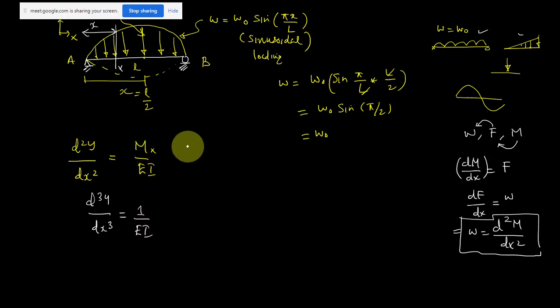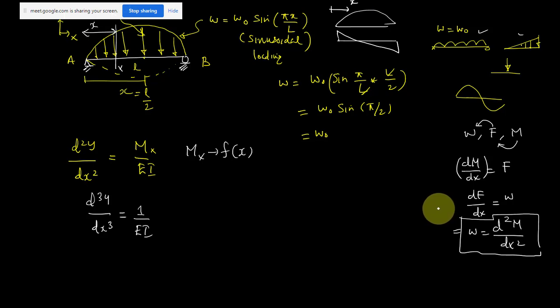Remember, M is not a constant, it is a function of x. Along this span your moment is varying, and that is what the moment diagram represents. If you take any moment diagram, the moment value is varying along the x direction. So M is a function of x. What is the variable here? x, the section varying along the length of the beam.